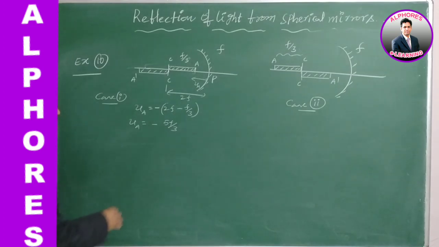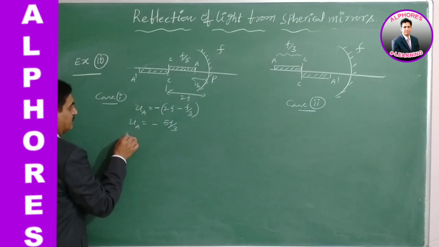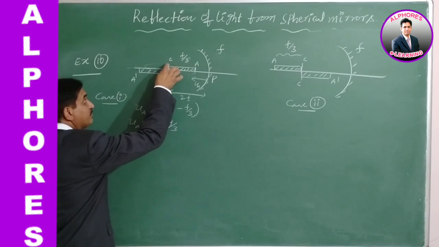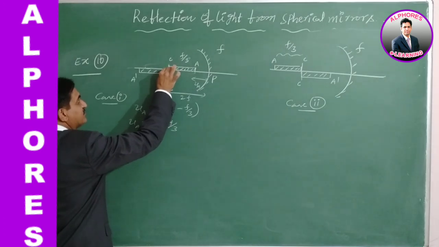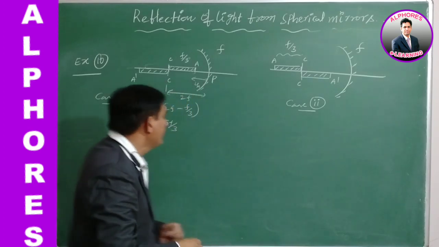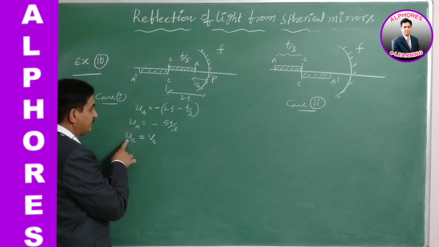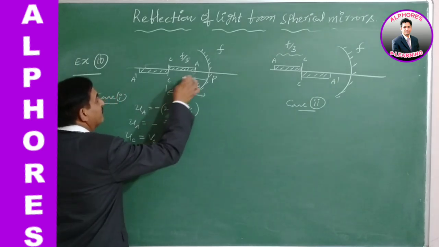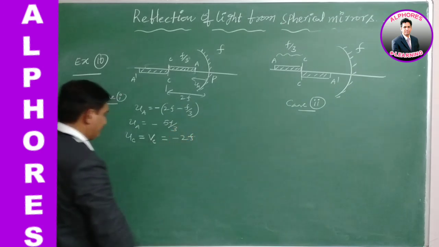And for this end, the distance UC: its corresponding image is formed at the same location, because the object is kept at the center of curvature and its image is also formed at the same point. Therefore UC is equal to VC. UC is the object distance, and the corresponding image will also form at the same place, at the center of curvature, which is minus F.